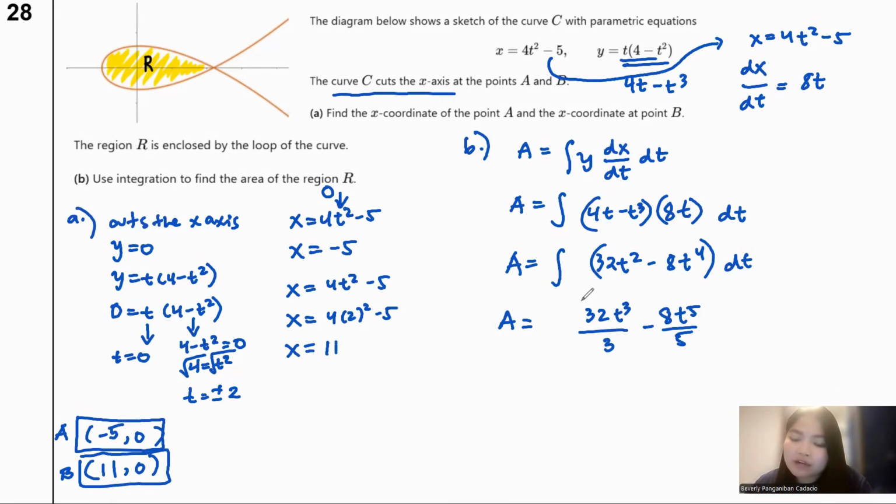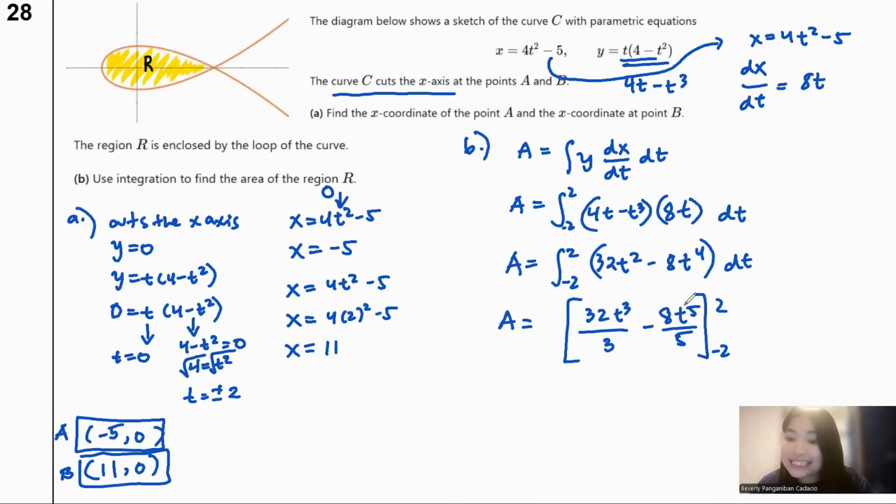And then the question is, what will be the limits here? This is the common mistake of students. The limits will be your t values because we are integrating in terms of t. So this one, from -2 to +2. So we can just put -2, +2 here. You know how to integrate already?